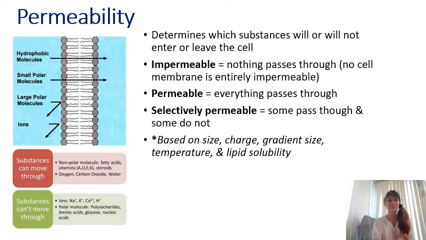However, there's a concentration gradient when we look at what's on the outside versus what's on the inside. Calcium, hydrogen ions, those are all things that normally don't move through without the assistance of a protein that will either allow them to leak through or move through, and we'll look at that a lot more closely. Amino acids, polysaccharides, glucose, nucleic acids, those are things that normally can't move through.